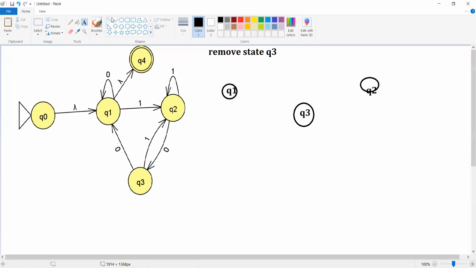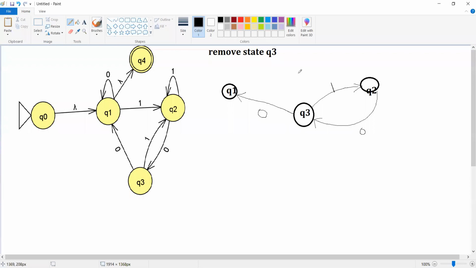Now, how many incoming and outgoing edges are there for Q3? Just bother about Q3. From Q3 to Q1 we have one transition, which is on 0. Next, from Q3 to Q2 we have one outgoing transition, which is on 1. Next, from Q2 to Q3 there is one incoming transition, which is 0.